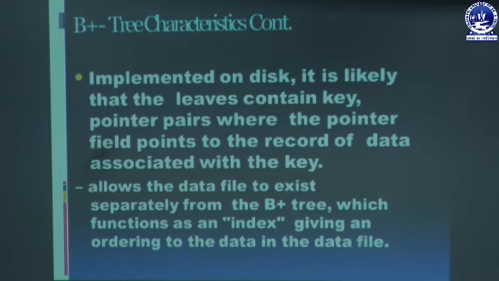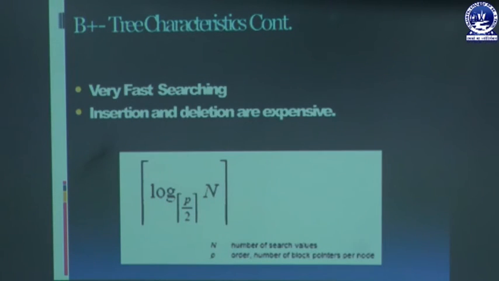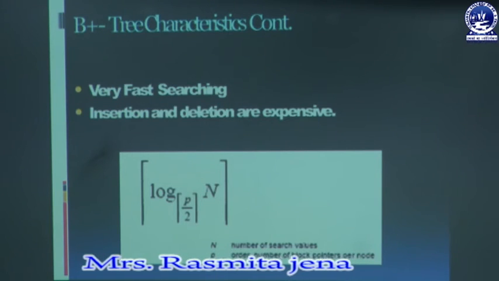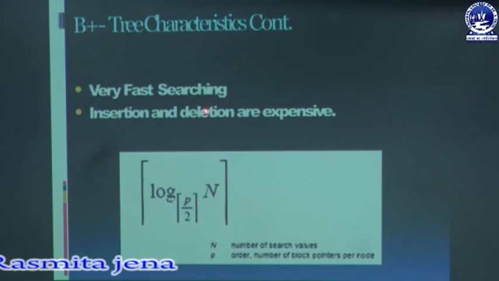So these are the different characteristics of a B plus tree file, and this is the time required for sorting a record or data in a B plus tree. It is a very fast sorting process because it contains keys as well as data pointers to search a particular record, but insertion and deletion are more expensive as compared to B tree.